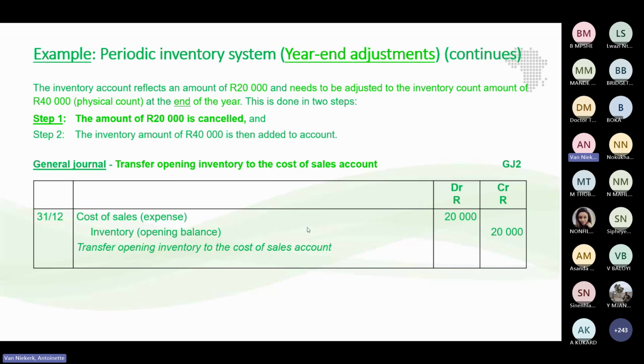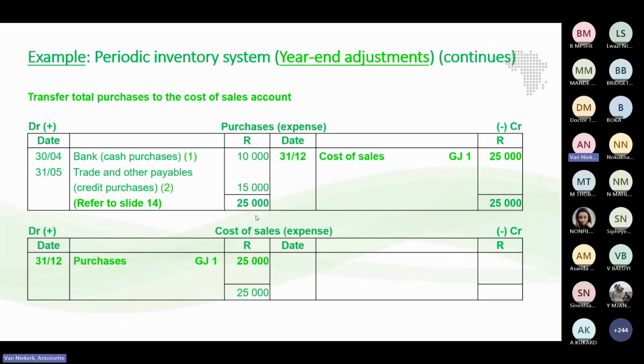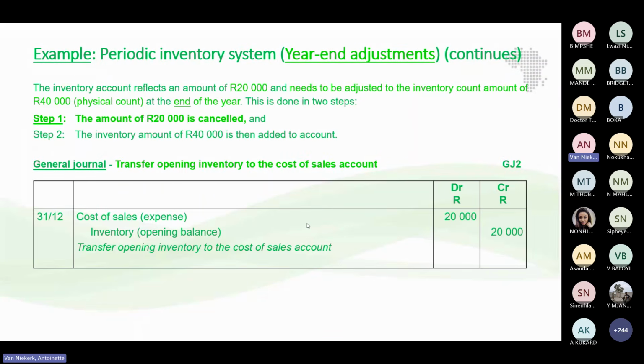Oh no, sorry, I'm looking at the wrong transaction. Opening balance, sorry, here it is. The 20,000 Rand, we are going to record against inventory, which is going to be taken now out of your inventory account. And inventory is an asset, which will decrease on your credit side. So it's just the transfer of opening inventory to the cost of sales account.